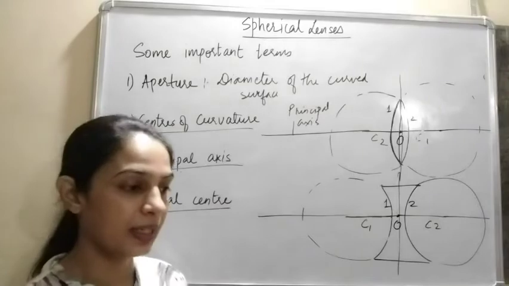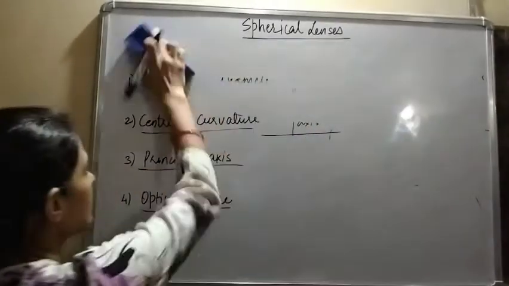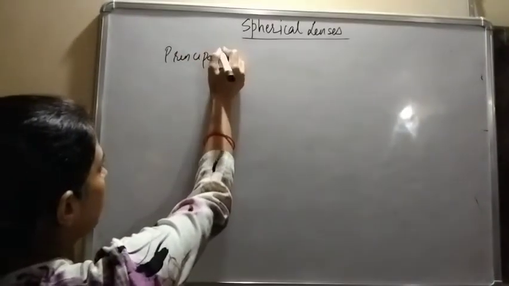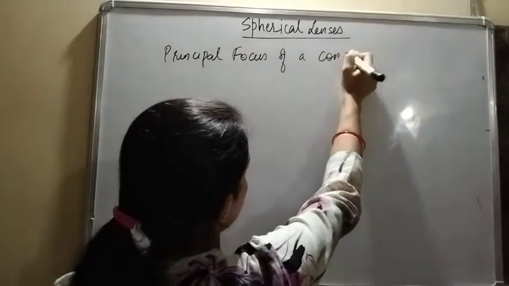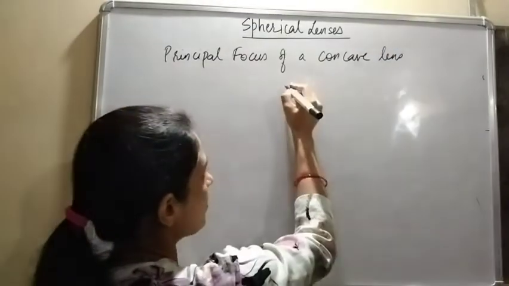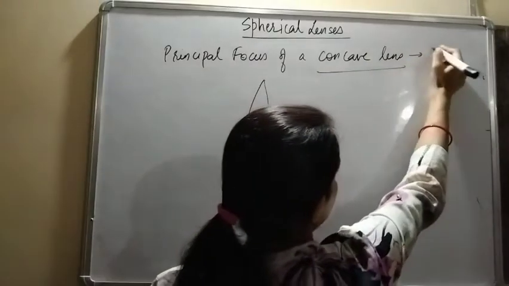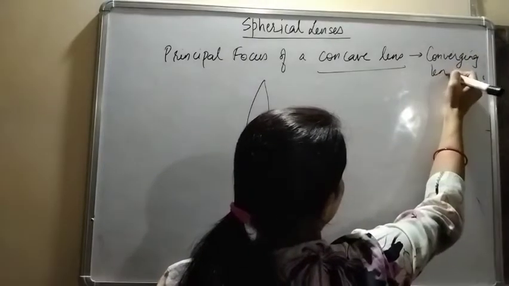There are two more things. Principal focus. What is the principal focus of a convex lens? Here a convex lens is called a converging lens.